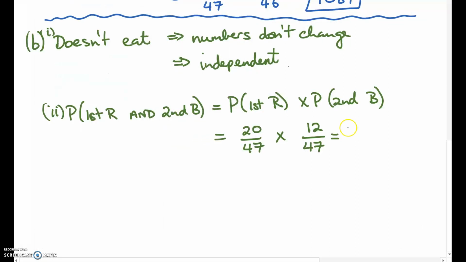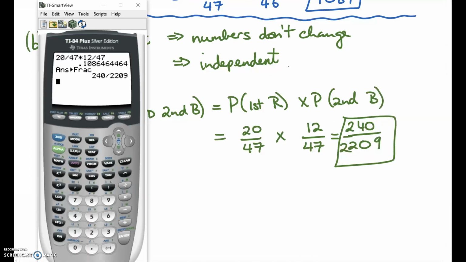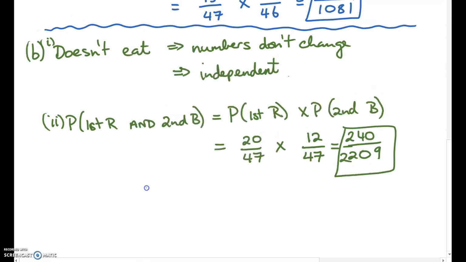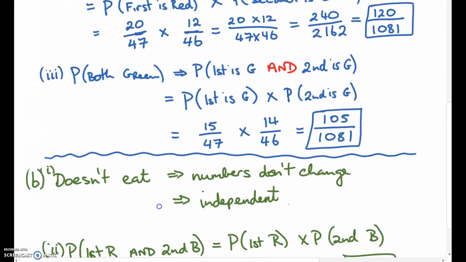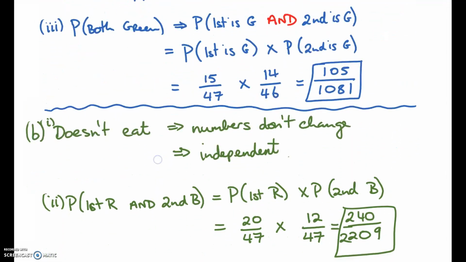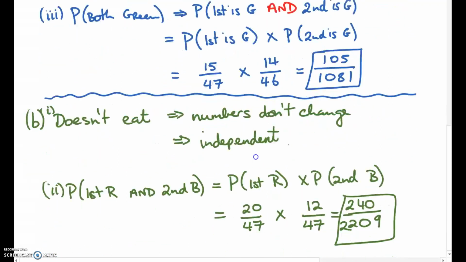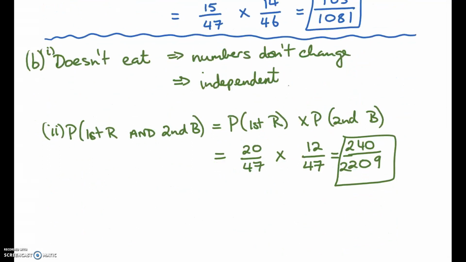We get 240 over 2209, I think is what it said. Now the last time when we did this, it was 120 over 1081. So the probabilities have changed a little bit. Not very much actually, but a little bit.